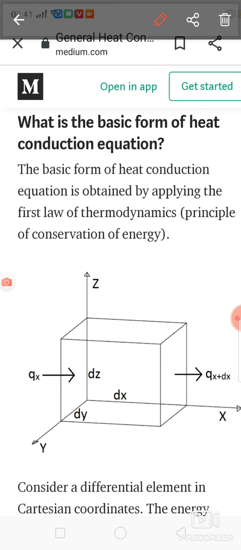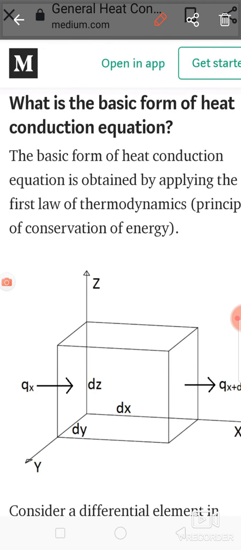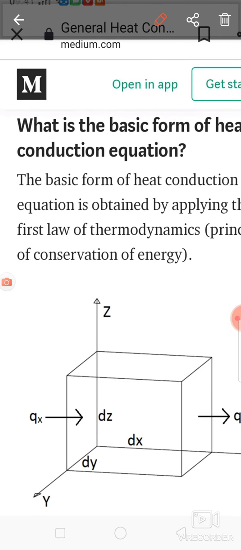So what is the energy balance equation for this particular volume or element? We have to consider the heat conducted into the element, but sometimes there is a chemical reaction, a nuclear fission, or a battery, so some energy is generated within the element.